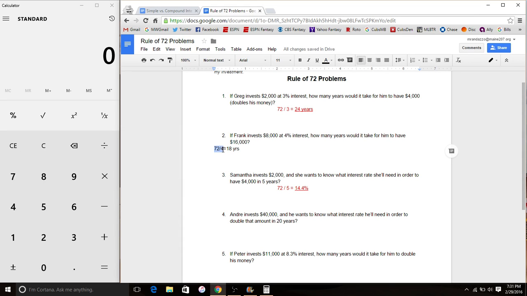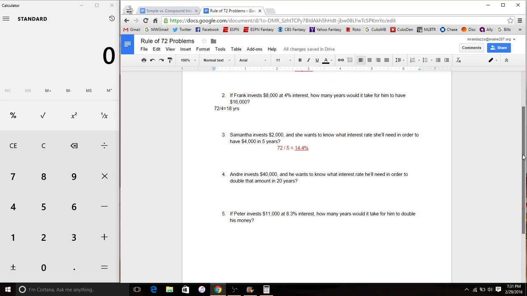All right. So if they give you the interest amount, all you do is 72 divided by that amount. That's it. Some of the problems, though, won't give you the interest. It's going to ask you for the interest. So if it asks you for the interest, then they're going to give you the years instead. So all you do is take 72 divided by that number. So Andre invests $40,000 and he wants to know what interest rate he'll need in order to double that amount in 20 years. Okay, they gave you the years.